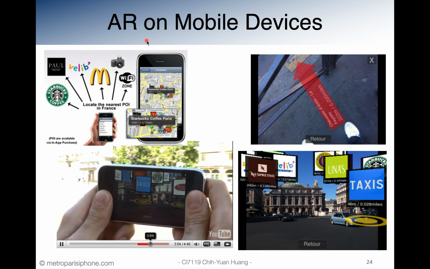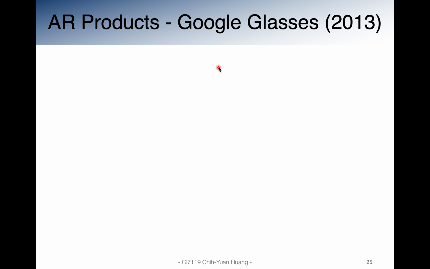Okay, so for AR, I prepared two videos for other information, and both of them are from Google. One is the first generation of the Google Glasses, from 2013, and here we have a video to indicate that version.